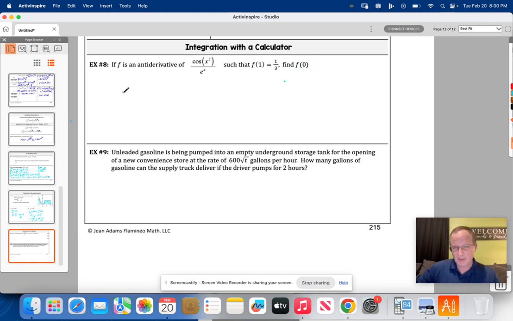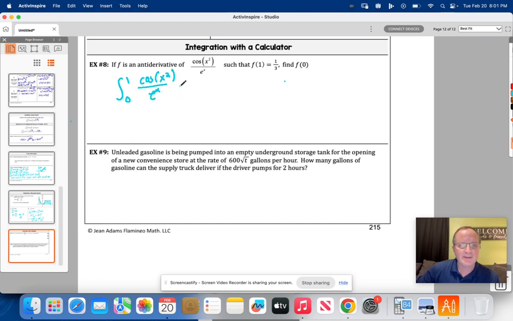So here's what we could do. We could go into the calculator and find out what the change of this function would be. This is F we're talking about here, from 0 to 1 of cosine. I have no idea how to do this one by hand, but thank goodness I've got a calculator.